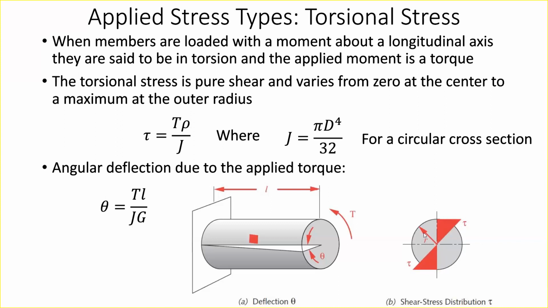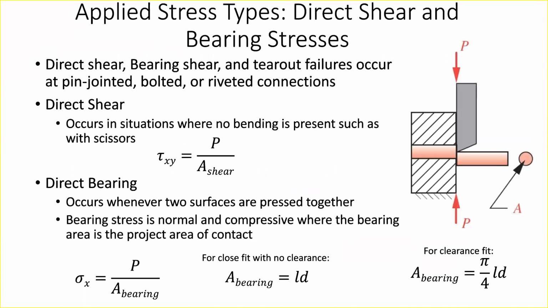If I add more material in the middle of the part, I'm not taking advantage of that full yield strength. I'm only loading it to a fraction of it. So highly torsionally loaded parts you'll generally see are in more of a tube shape for that reason. So yeah, this section is fundamentally no different than the cases we've already looked at. It's just an example of how you might see this in practice.